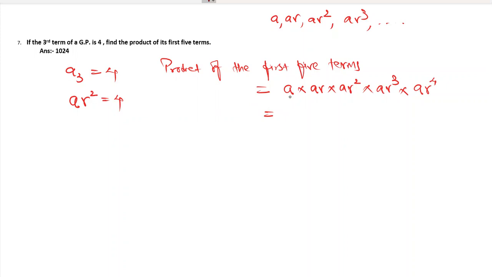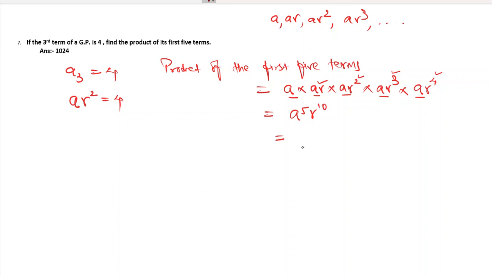Okay, so how many times do you see A? 1, 2, 3, 4, 5. A raised to 5. And how many R's are there? There is 1 R over here, plus 2, 3, plus 3, 6, plus 4, 10. So R raised to 10.